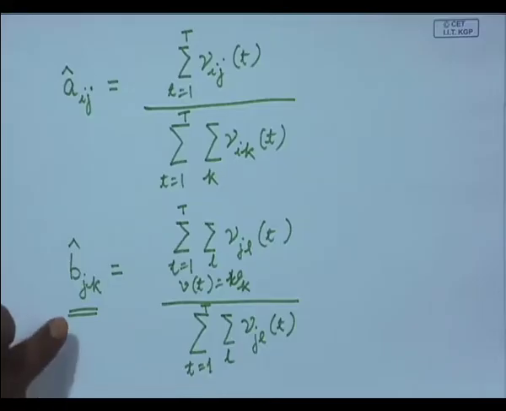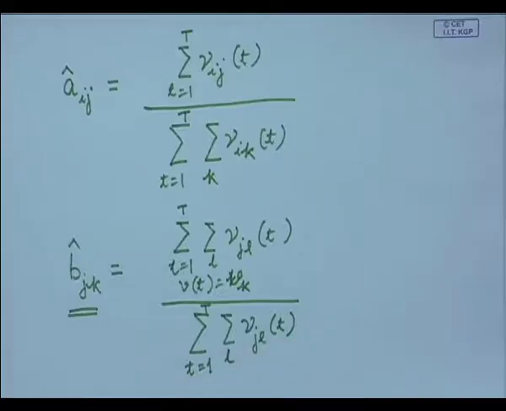So, when I reach that state, that a i j and that b j k can be used for evaluation of my model theta for any sequence v t, and that is how the hidden Markov model is trained.